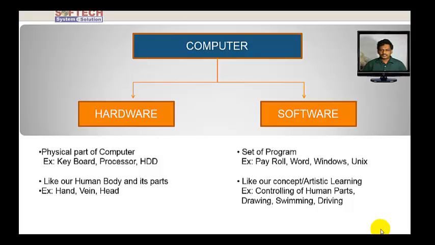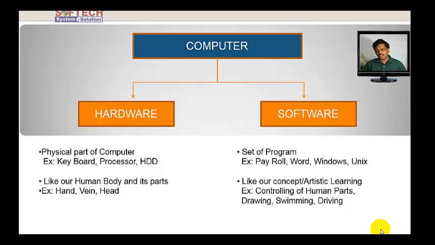After birth, we can learn different types of applications by using this human system, that is the human body system. We can apply and learn more applications like swimming, driving, drawing, building, construction. Like our artistic learning, dancing, drawing, these are all different types of applications. These applications are done through the human system.